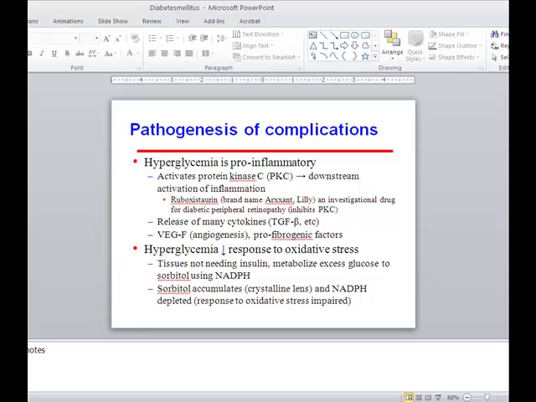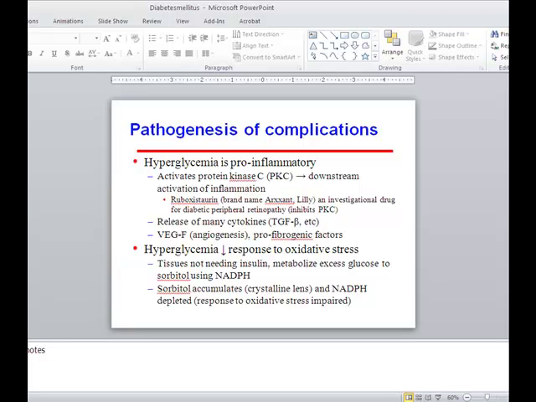Normally, in these tissues, the glucose is metabolized to this substance called sorbitol using NADPH. NADPH is one of the mechanisms for counteracting these reactive oxygen species, dealing with oxidative stress.